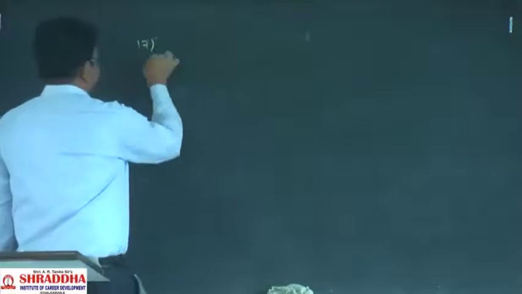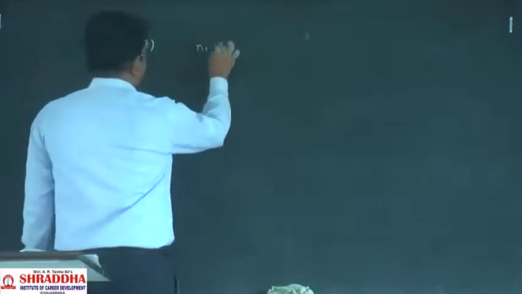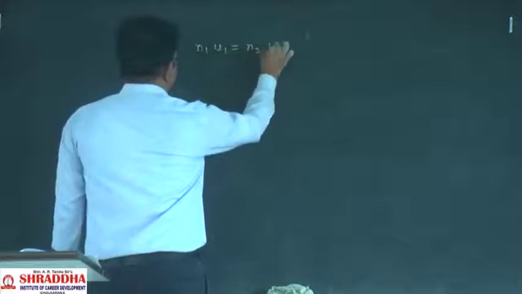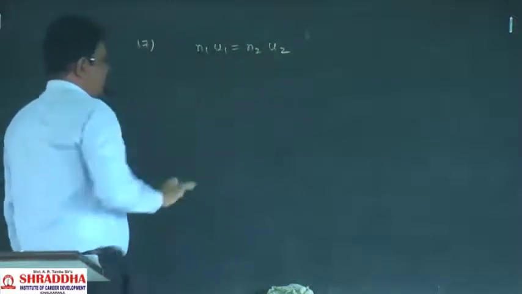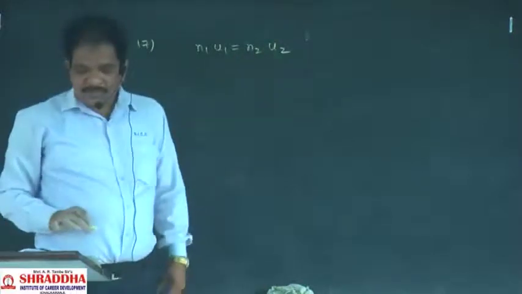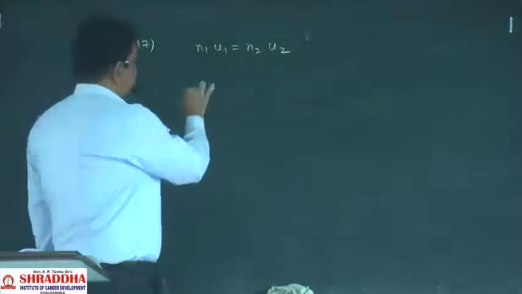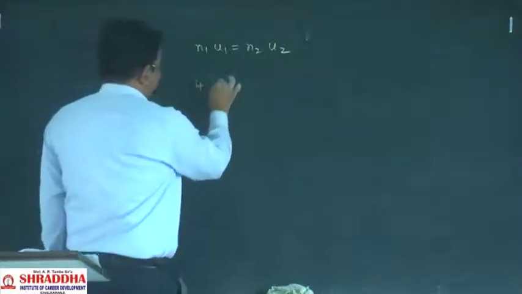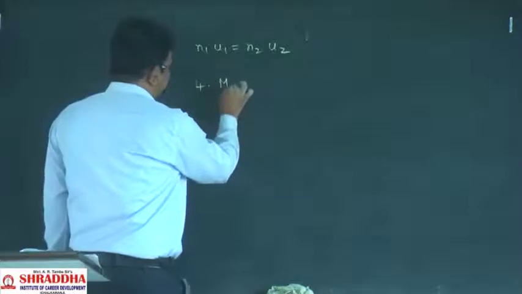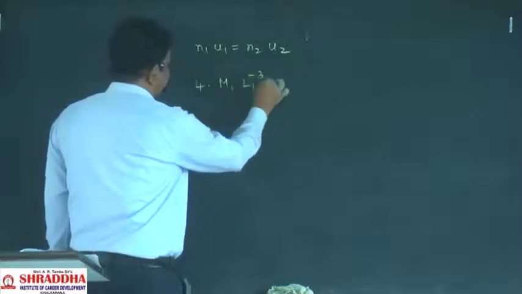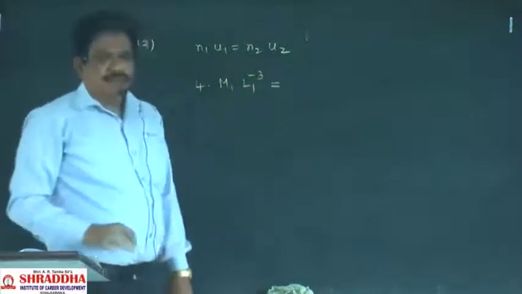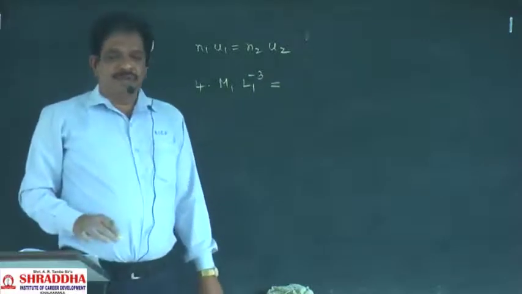17. N1 U1 is equal to N2 U2. So here N1 will be 4. Density is mass by volume, no?